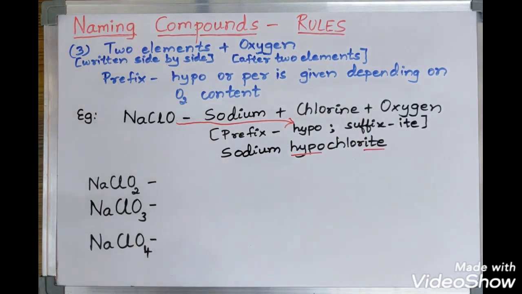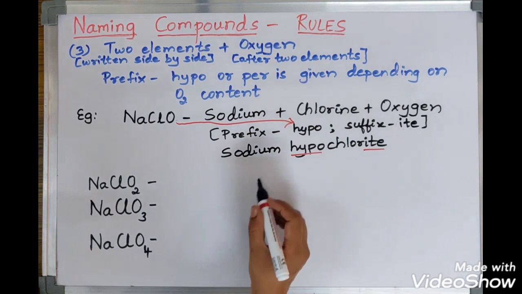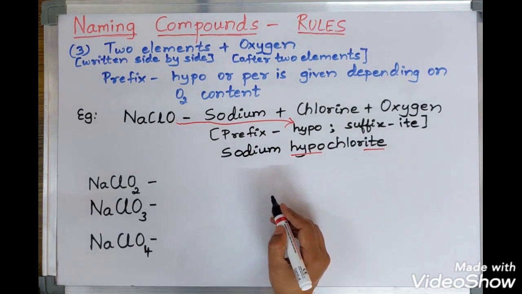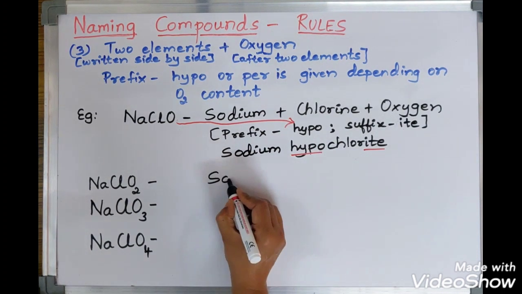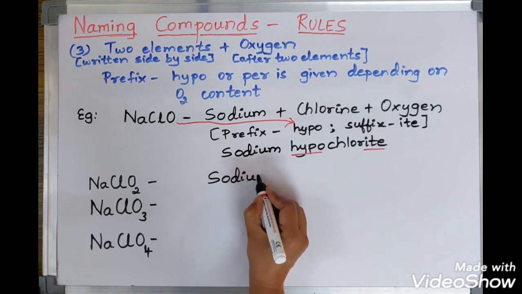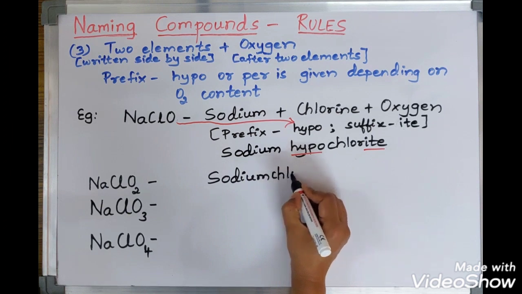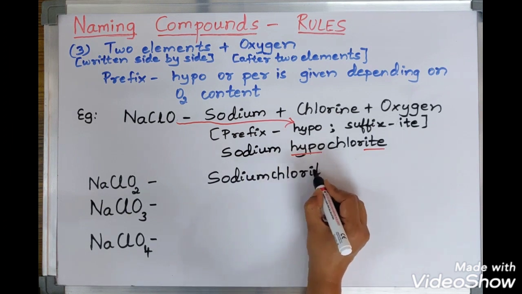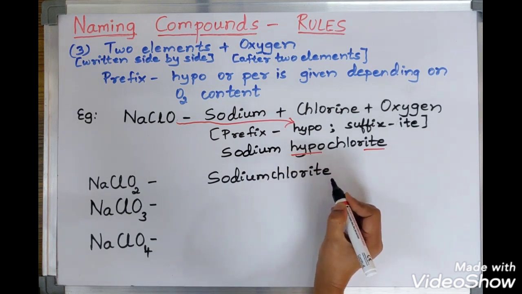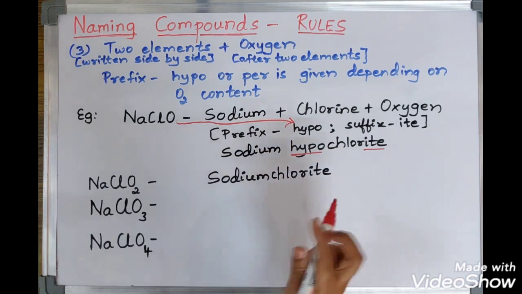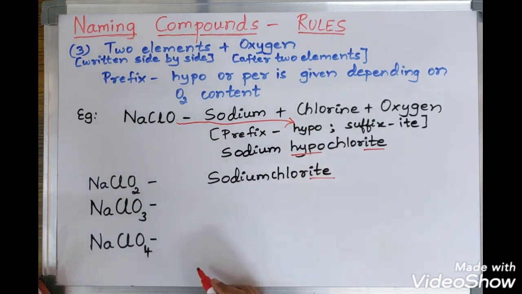Now the next compound, we have NaClO2. So the atoms remain the same. The chemical name will be sodium chlorite. Now for 2 oxygen atoms, no prefix, only the suffix we have, and that is ITE.